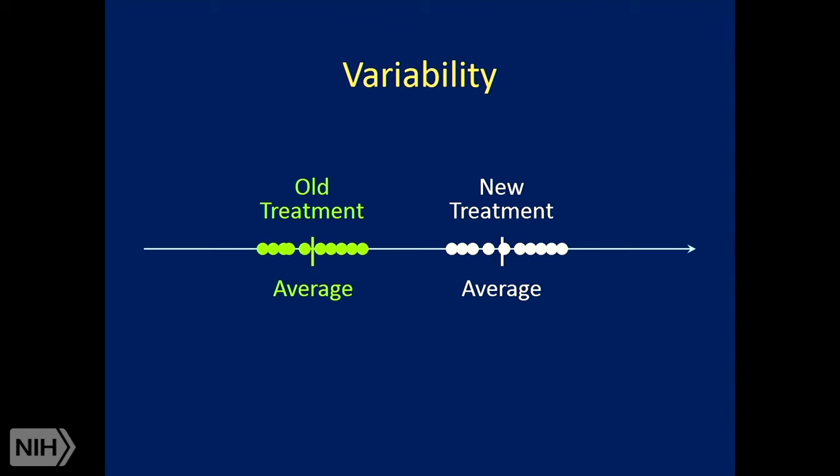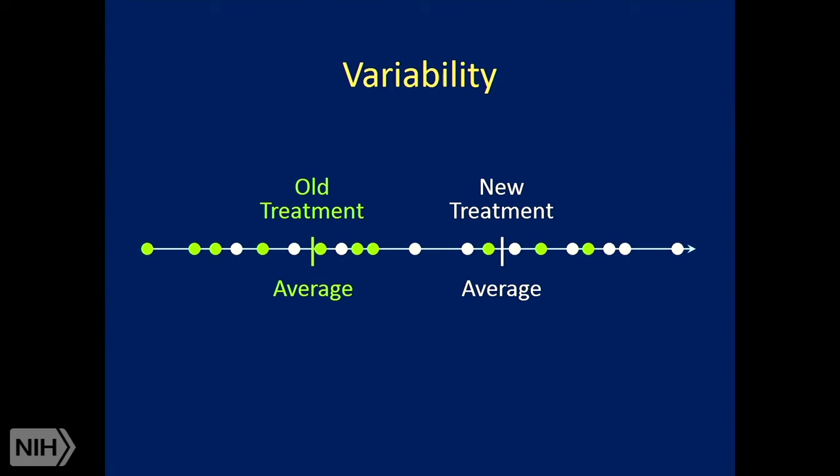So we're comparing the variability within each treatment compared to the overall variability. That's what basically we're doing in the back of our minds. So here you would say, yes, the new treatment is better than the old treatment. Now, if I spread things around, I would say, yeah, still, the new treatment is better than the old treatment.